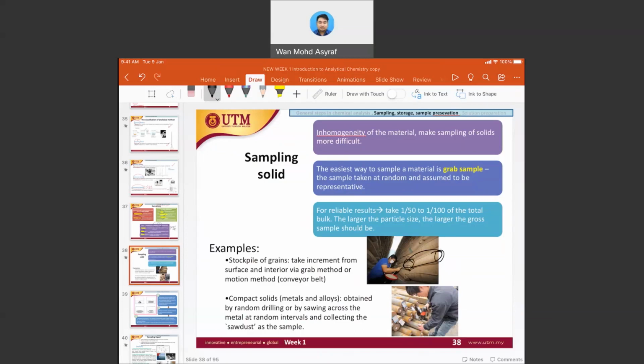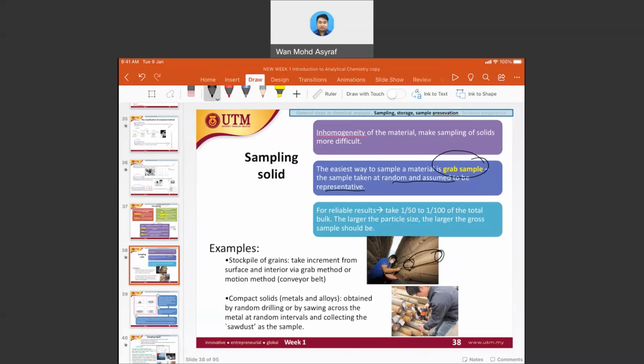So basically, when we are sampling solids, the easiest way to sample a solid is by using a grab sample. The sample is taken at random and assumed to be representative. We assume that the places where we get the solid sample are representative. How are we going to do this usually?